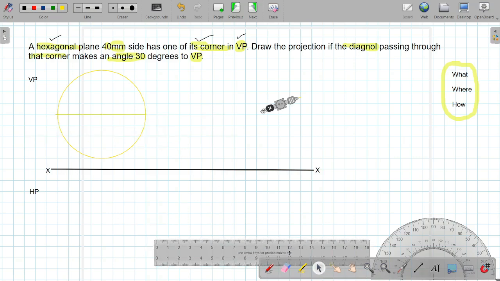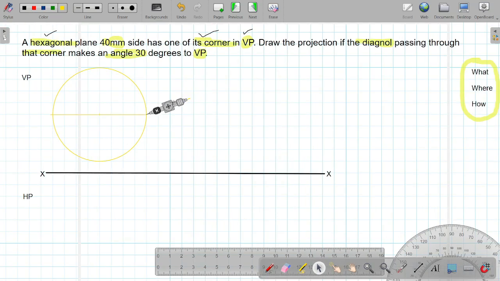And then keeping the compass maintaining the same radius as that of the side, that is 40 mm, we have to mark an arc at the top as well as at the bottom.